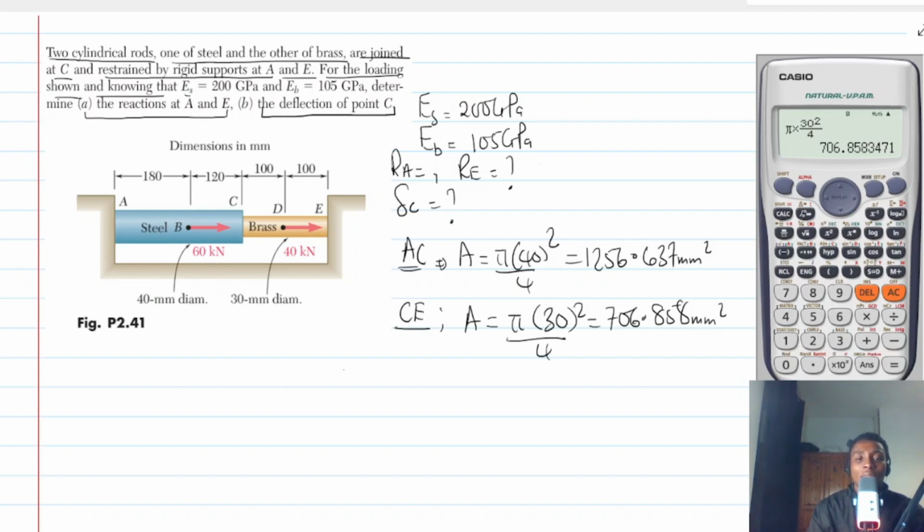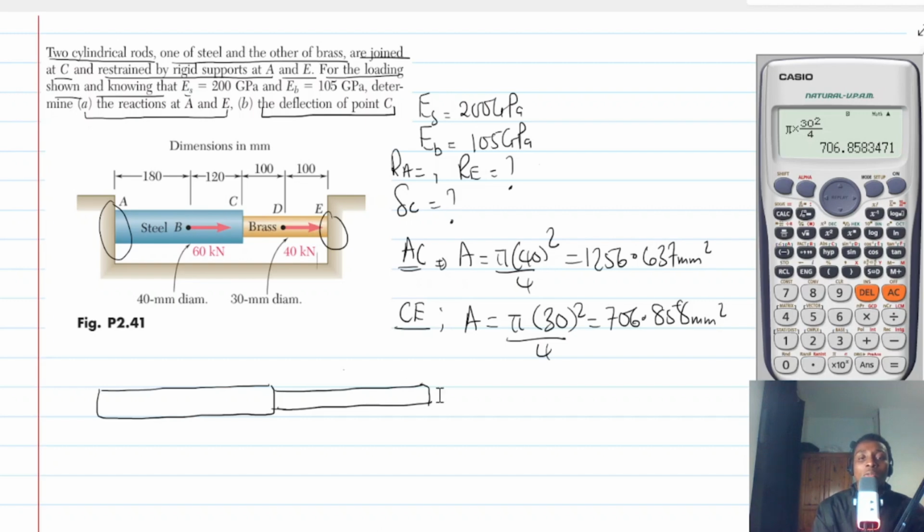Okay, let me just go straight forward and draw the free body diagram. We want to sketch this, the free body diagram. So it's going to be something like this. We have steel here, and then we have brass here. Okay, so steel and brass. Now there is this support here, so there will be a reaction, and then also there is the support here.